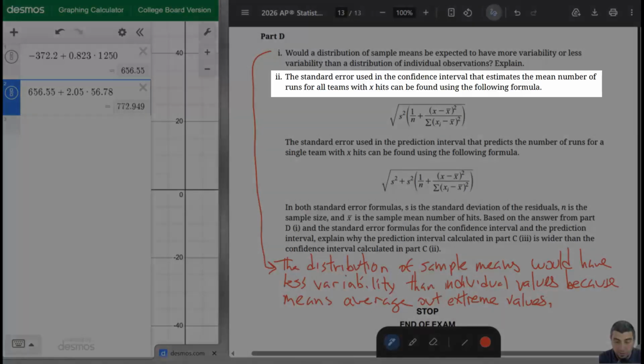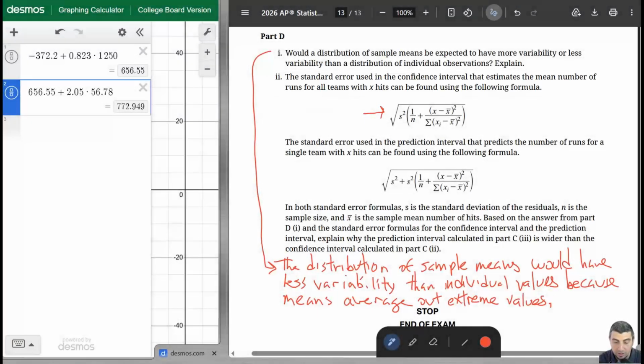Part 2, the standard error used in the confidence interval that estimates the mean number of runs for all teams with X hits can be found using the following formula right here. The standard error used in the prediction interval that predicts the number of runs for a single team with X hits can be found using the following formula right here.